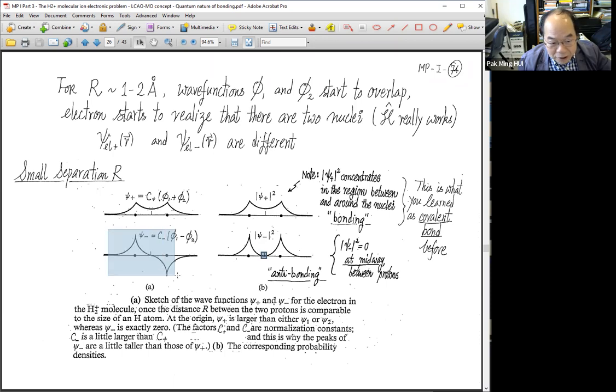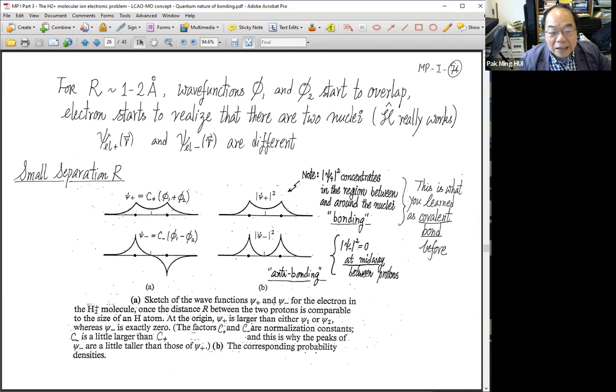Now, for the minus combination, it is 0 in the middle. Okay, you take this wave function squared, it is absolutely nothing in the middle. It is a node in quantum mechanics language. So there is no probability of finding the electron at the midpoint, and only a small probability of finding the electron around the middle of the two nuclei.